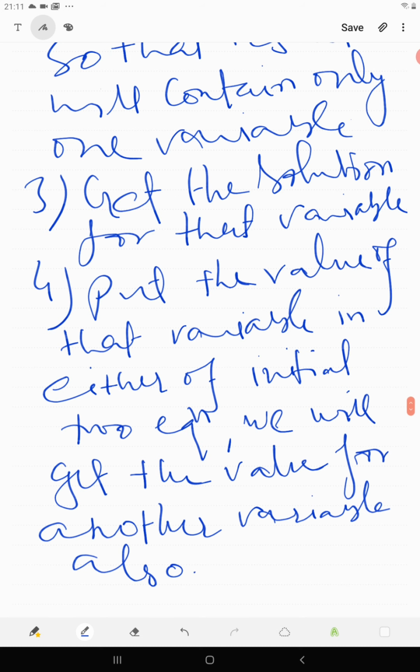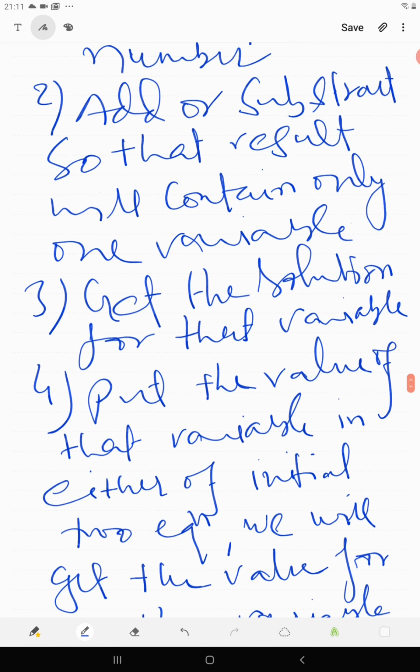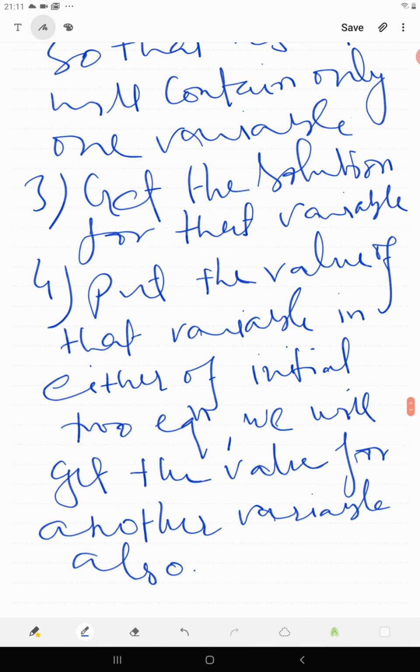So this is what it is. First step is multiply both the equations with some number. Then second is add or subtract so that the result will contain only one variable, either x or y. Third is get the solution for that variable. Whichever variable you have in the result and some constant, from that you will get the value of that variable.